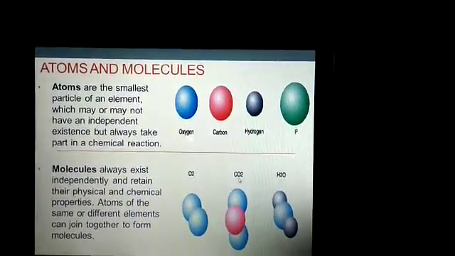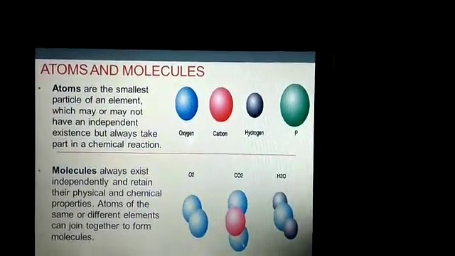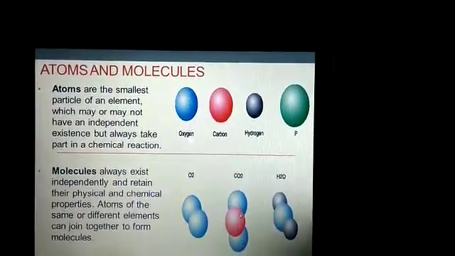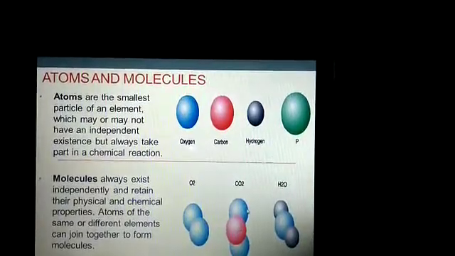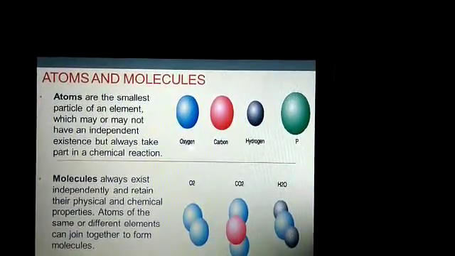The second is CO2, the carbon dioxide molecule, made up of one carbon atom and two oxygen atoms. And the last one, H2O, the water molecule, made up of two hydrogen atoms and one oxygen atom.